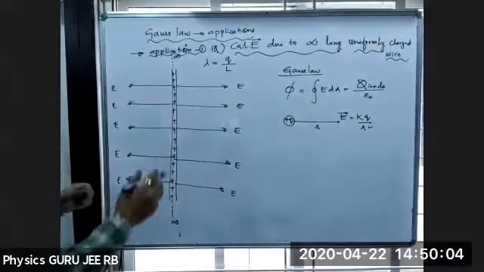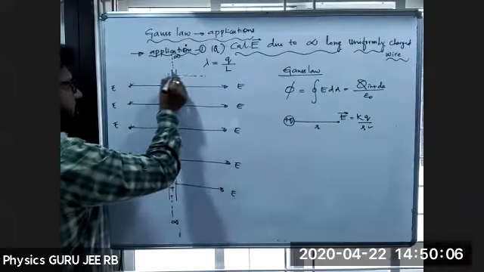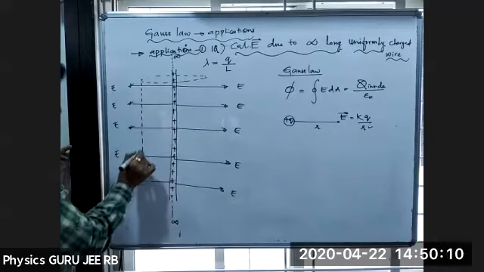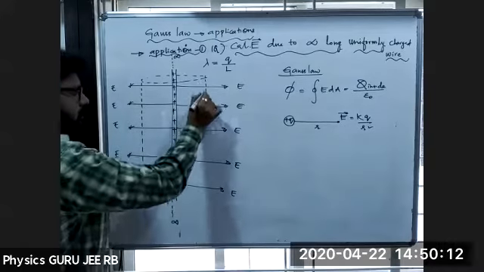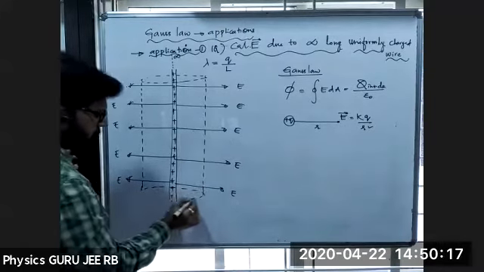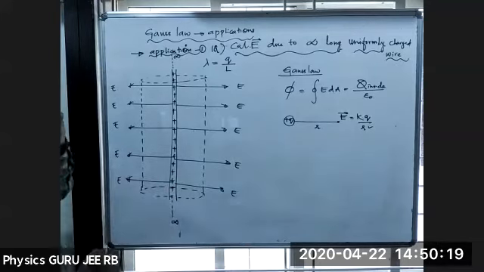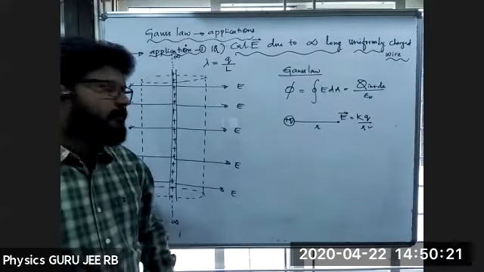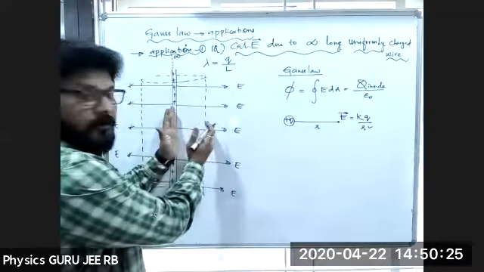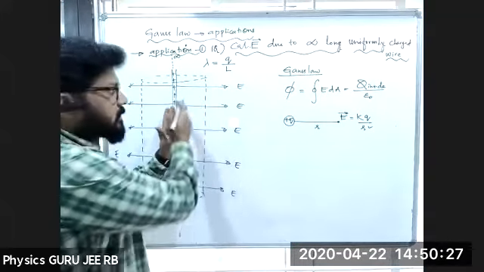Now let us see, if I construct a cylindrical shape like this, the electric field from the center to this point is at equal distances.